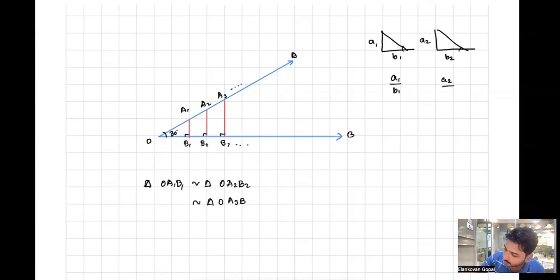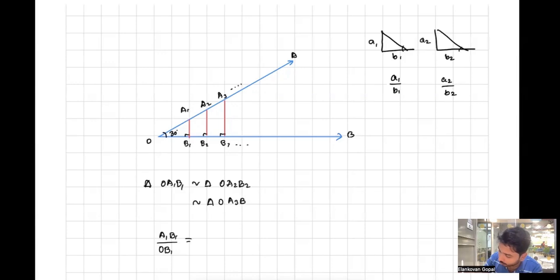We realize this, correct? The height to the base. Yes. So even this is true for this case. Why? Because all are similar triangles, and if you measure A1B1 divided by OB1, this is a constant, and this constant is true for even a small triangle or a big triangle.